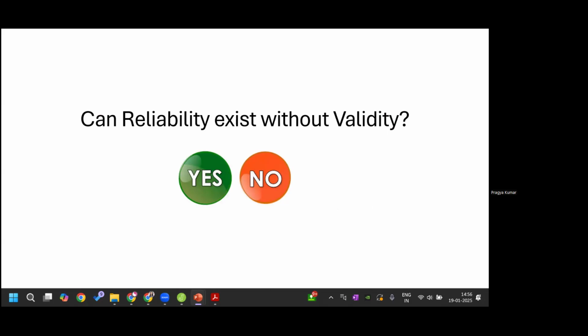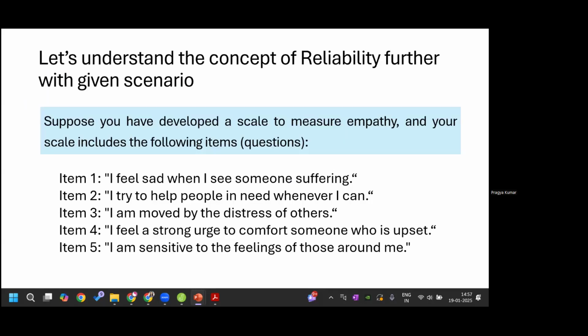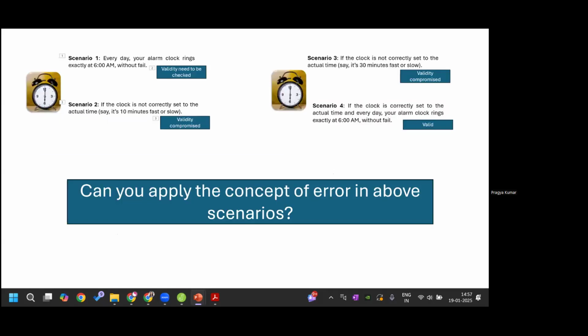It is similar with a scale. If you use a scale, every time you do the testing it will give you the same score, but it may not be the actual score. So reliability can exist without validity. Can you apply the concepts which you have seen in these scenarios? We have seen 4 scenarios.